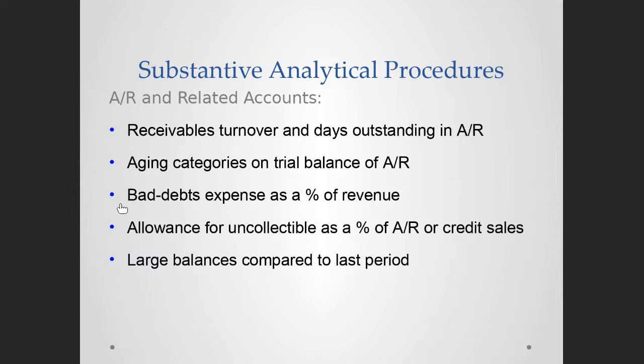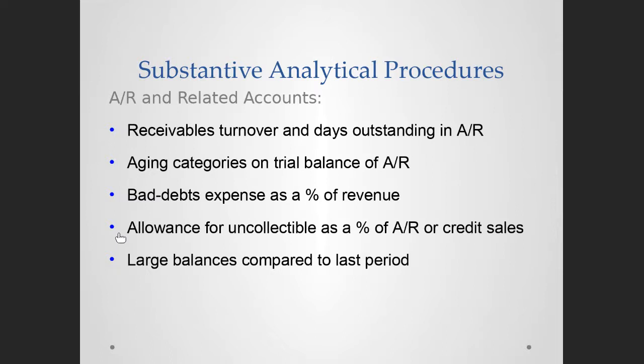The next one is allowance for uncollectible as a percentage of accounts receivable. So how much has the client recorded as an allowance for uncollectible as a percentage of accounts receivable, or credit sales? Credit sales are all those sales that have accounts receivable. Cash sales do not have accounts receivable. So you might not want to worry about the cash sales.